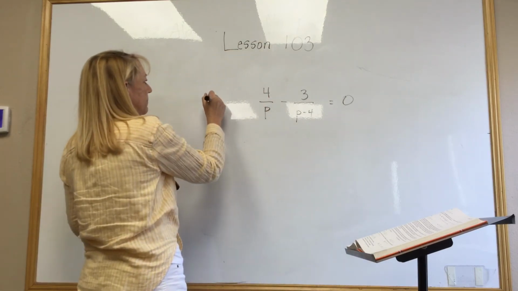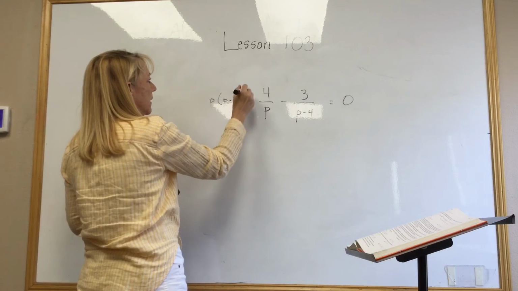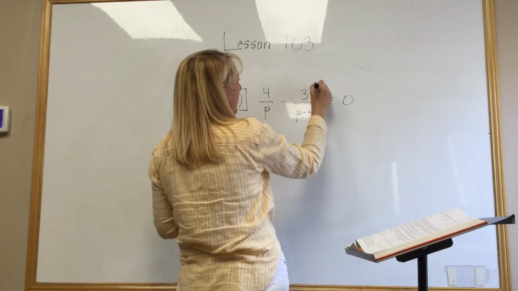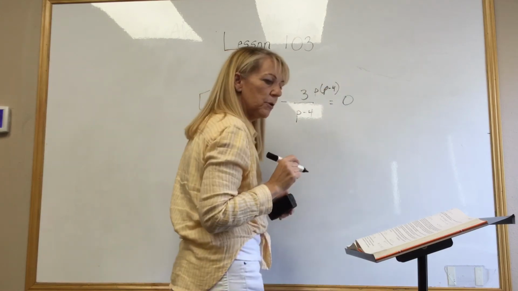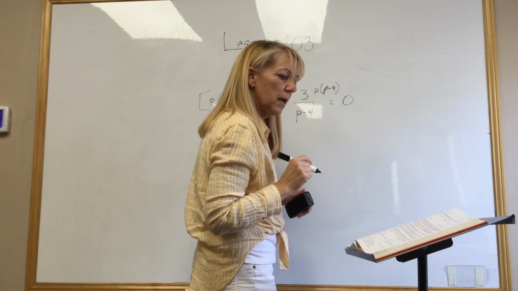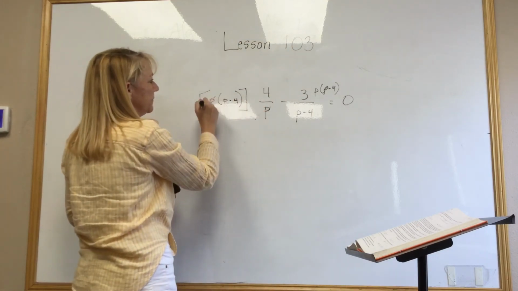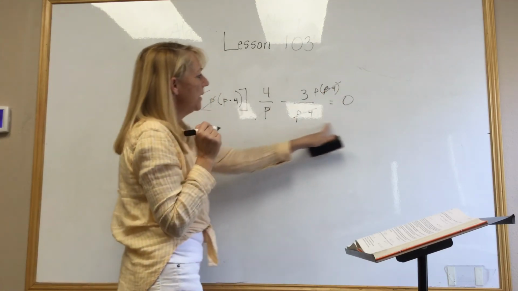I'm going to say p minus 4. Okay? I'm going to do the same thing here. p minus 4. I'm going to do that for both of those. So now I can cancel out this p and this p minus 4 and this p minus 4. So I've gotten rid of my denominator.